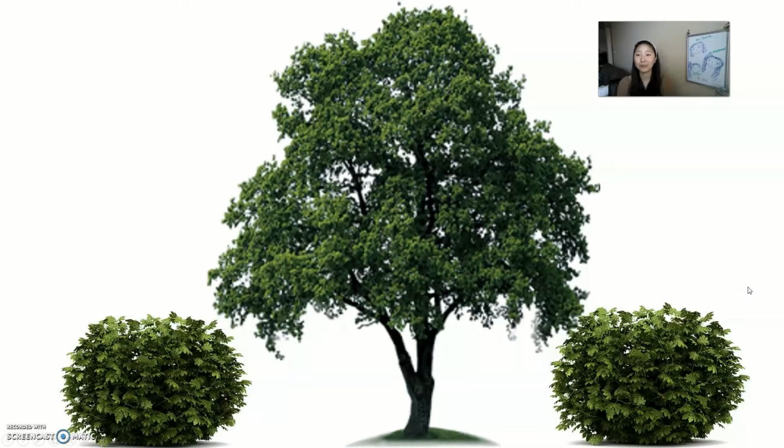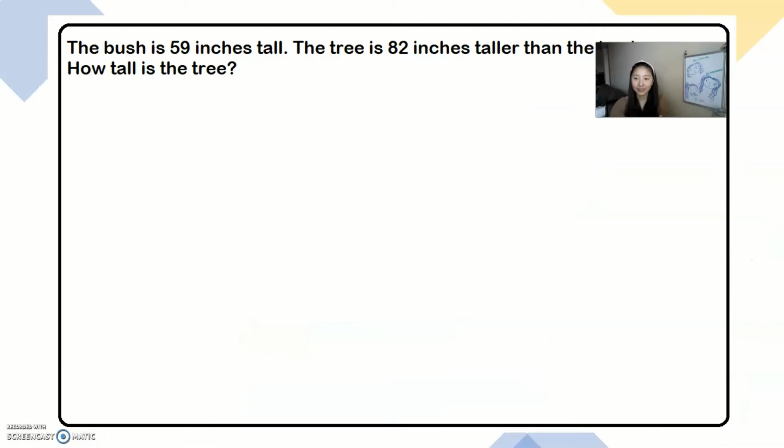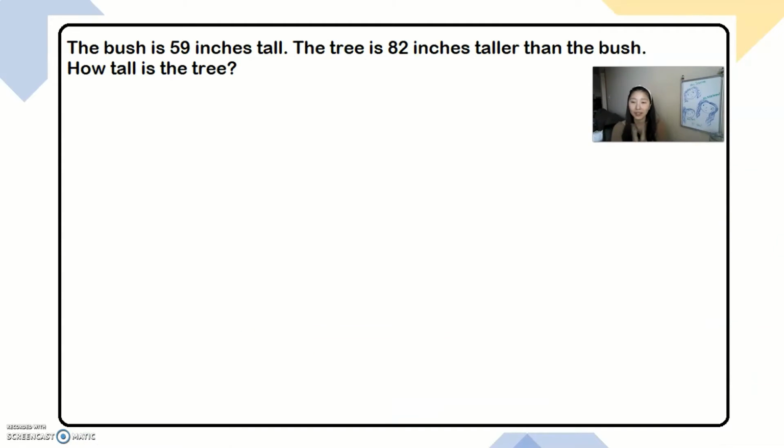So there are these bushes and there is this tree, but the tree is way too tall for me to figure out. So I have this problem for you. Let's say I can measure it. The bush is 59 inches tall, which means from the bottom to the top, it's 59 inches. Remember inches?